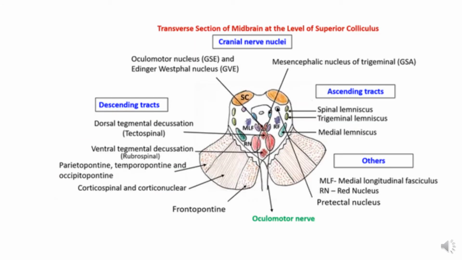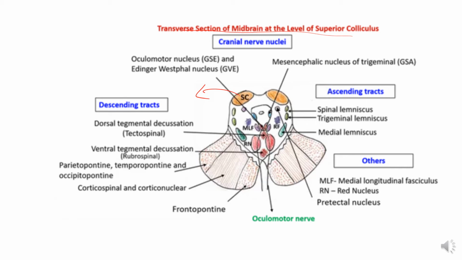Now the transverse section of the midbrain at the level of the superior colliculus. The superior colliculus is a large nucleus of gray matter that lies beneath the corresponding surface elevation and forms part of the visual reflexes. This is the superior colliculus. It is connected to the lateral geniculate body by the superior brachium.